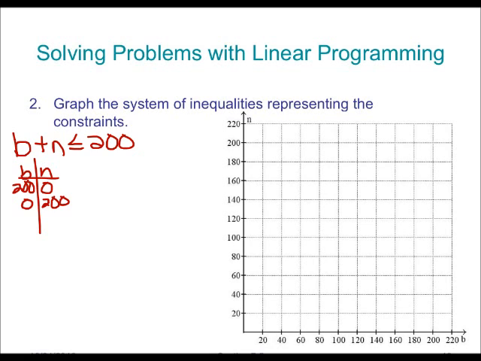So I'll point here at 200, point here at 200. Something I didn't mention before, but the first variable that we talk about is always the x variable, if you will. So the first variable we talked about was the newsprint, or b. That's always going to go along this axis right here.